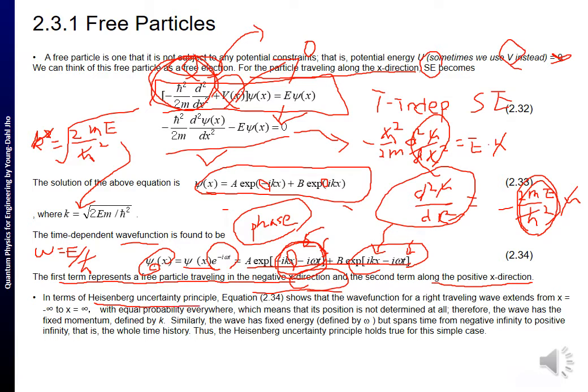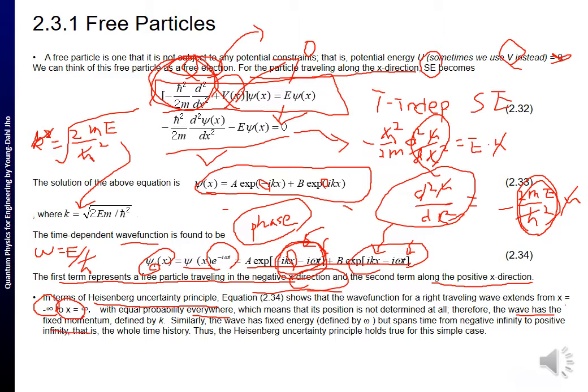In terms of the Heisenberg uncertainty principle, equation 2.34 shows that the wave function for a right traveling wave extends from x equal to minus infinity to x equal to infinity with equal probability everywhere, which means that its position is not determined at all.